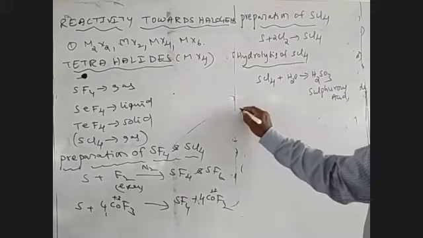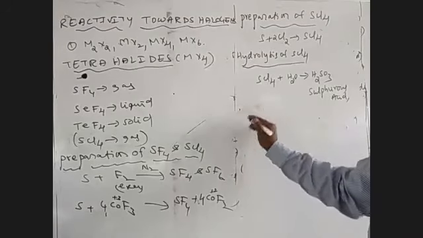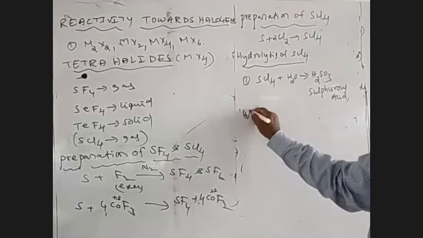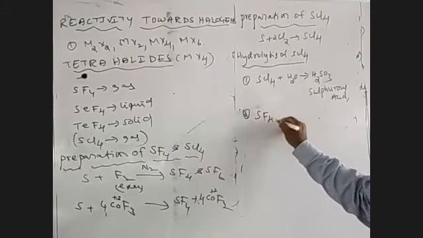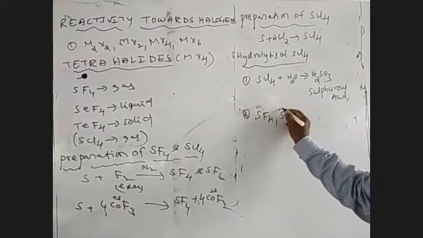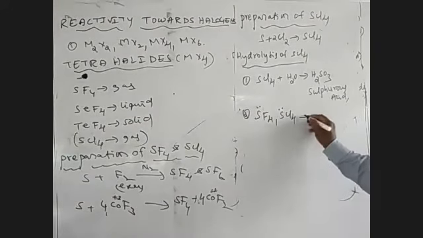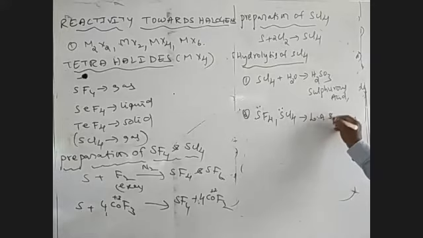Now, the properties. This was the hydrolysis reaction, and second, in SF4 and SCl4 the sulfur central atom contains one lone pair of electrons. Therefore, both tetrahalides act as both Lewis acids and Lewis bases.